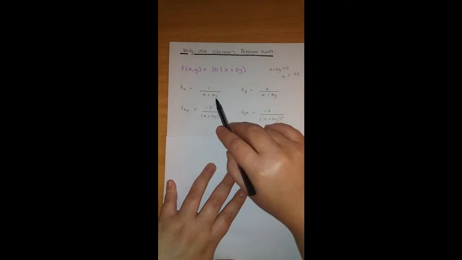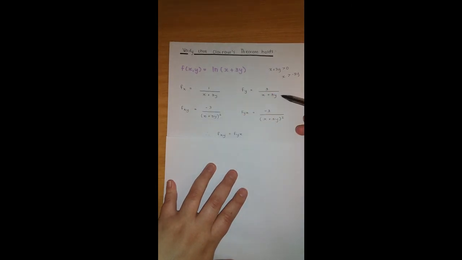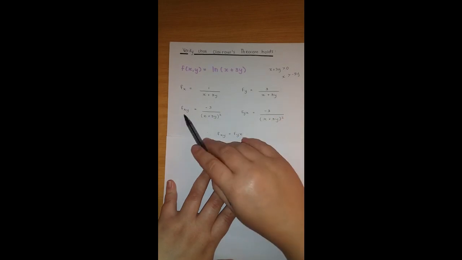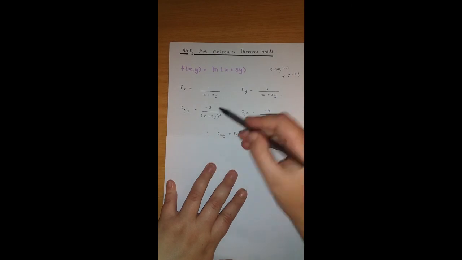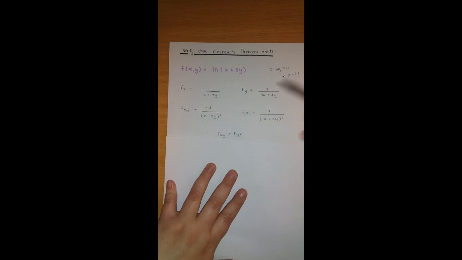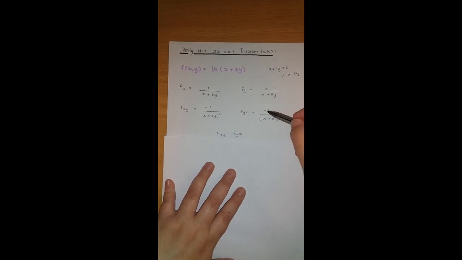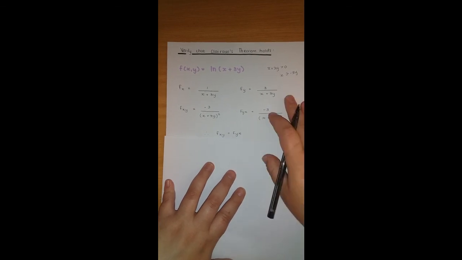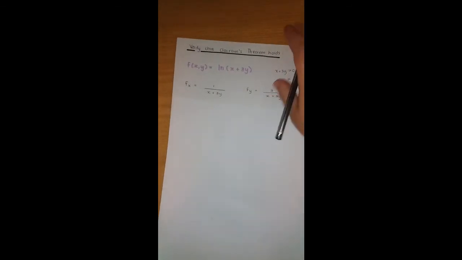Then the partial derivative of fx towards y should give you -3 over x plus 3y squared, and the partial derivative of fy towards x gives you exactly the same. Now we see that f of xy is equal to f of yx. Therefore, we have verified that Clairaut's theorem holds. And that is the end of the study guide problems.